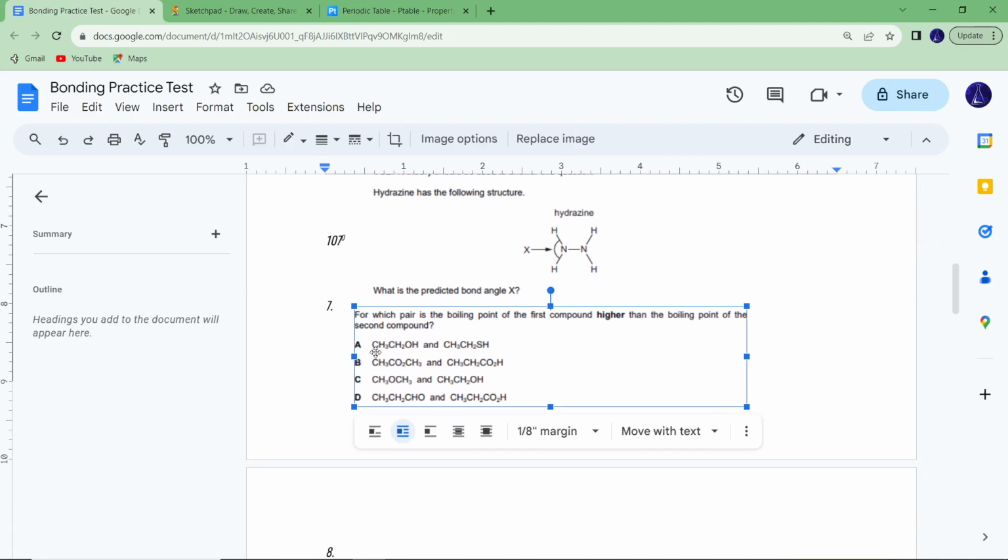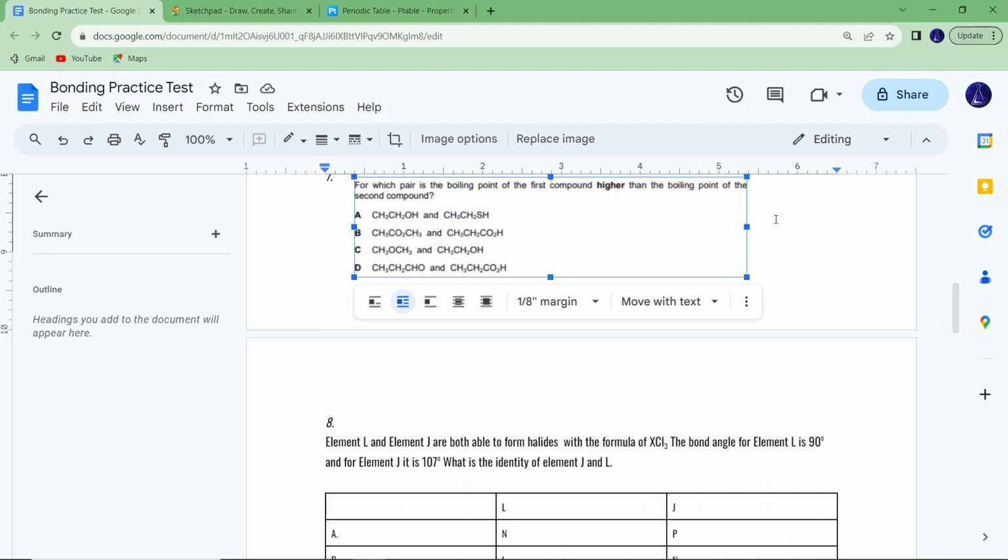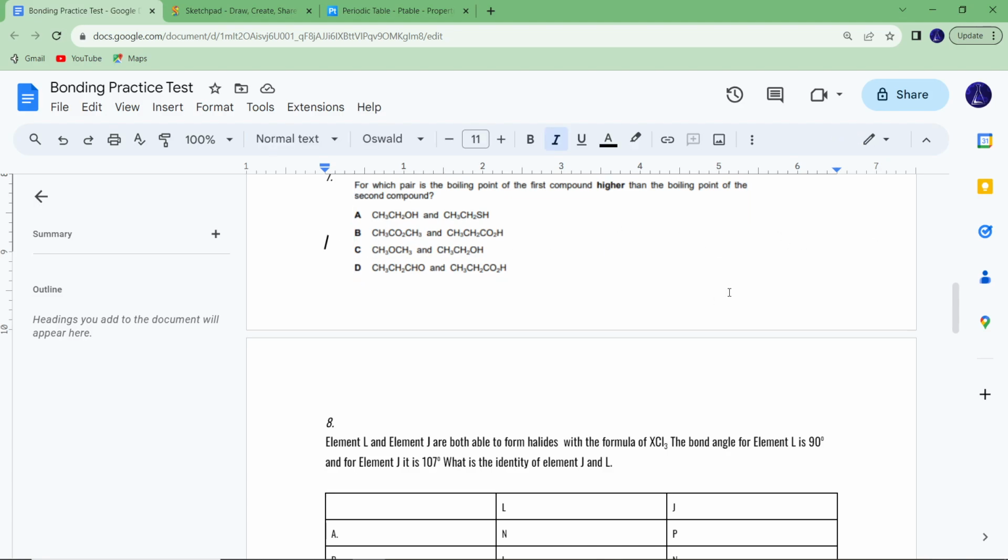Number 7. All right, this one right here is asking for which pair the boiling point of the first compound is higher than the boiling point of the second compound. So we're going to have to compare what we know about boiling points, in particular how this affects polar versus non-polar molecules.